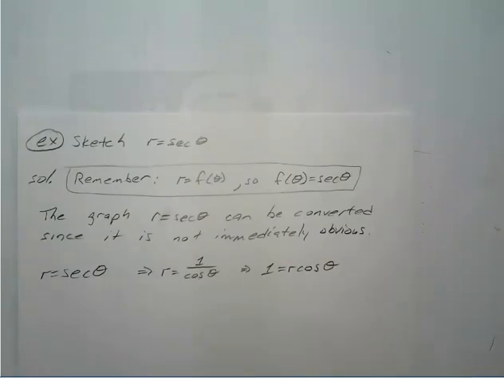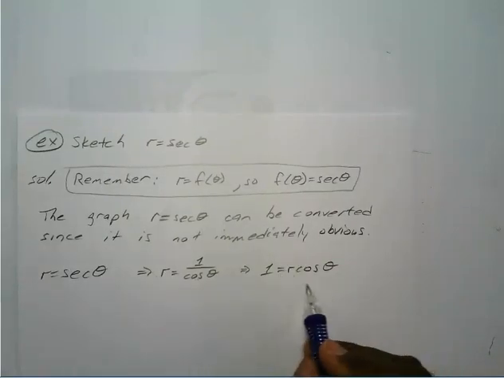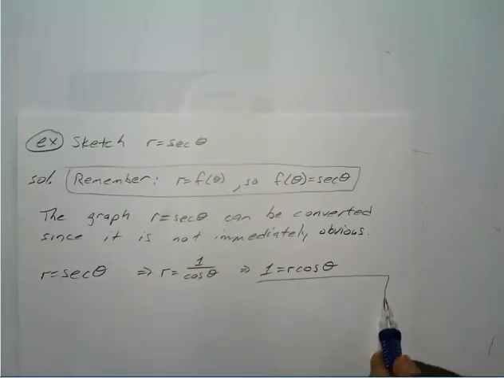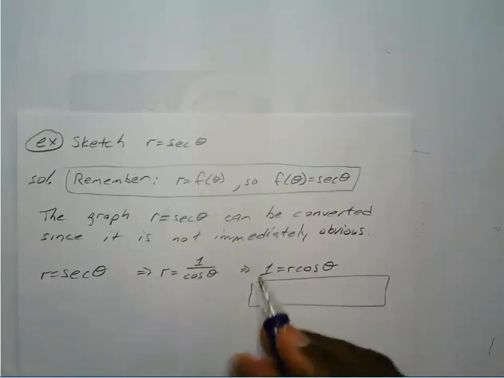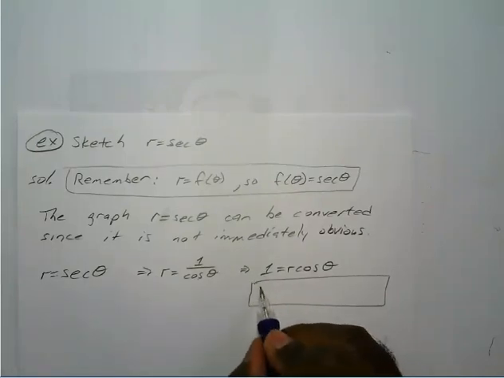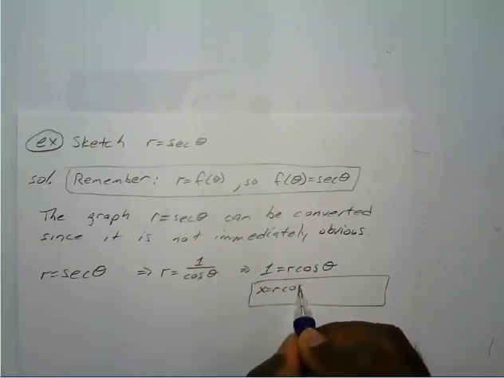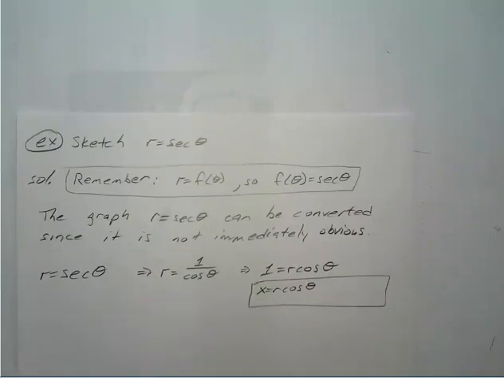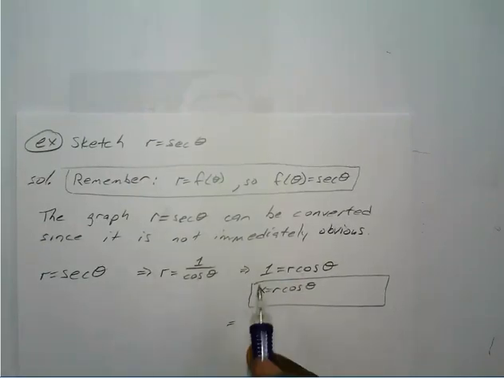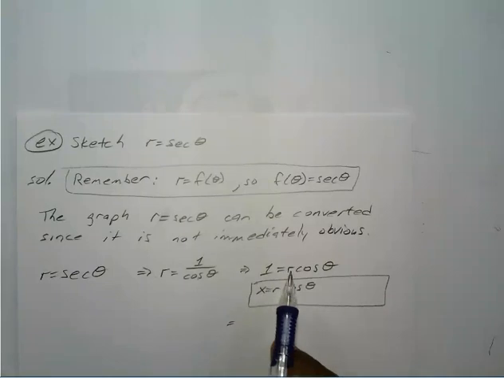Okay, so how does that help? This helps because if you think back, you have x equals r cosine of theta. So if x is equal to r cosine of theta, that just has 1 equals x, or x is equal to 1.